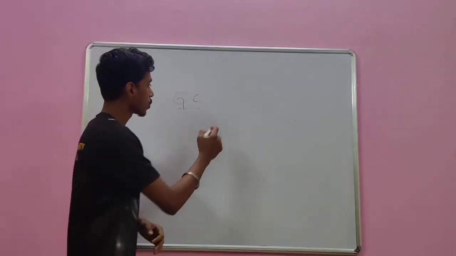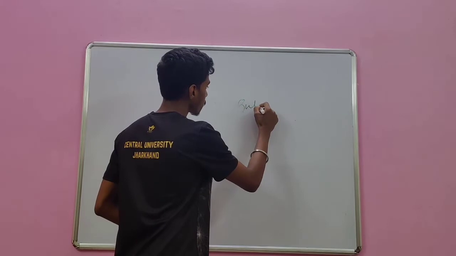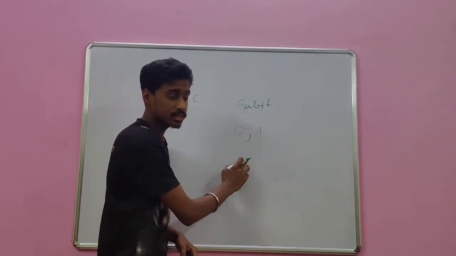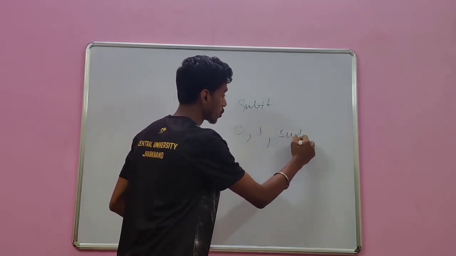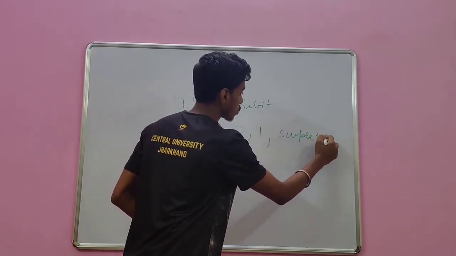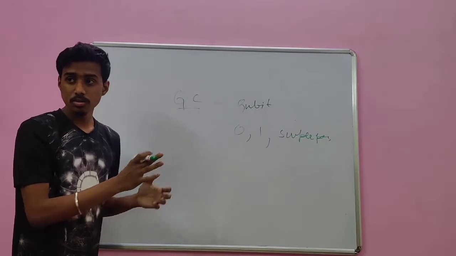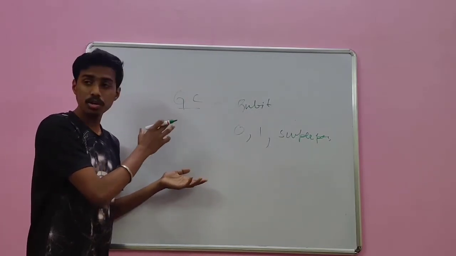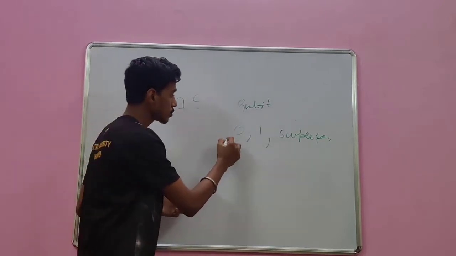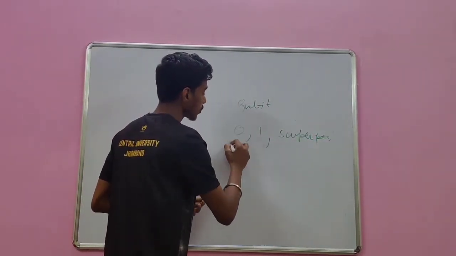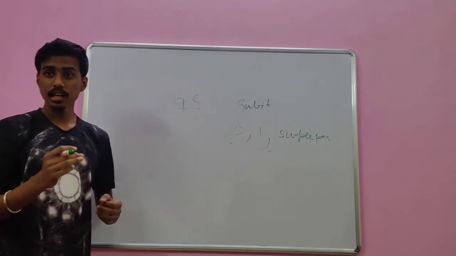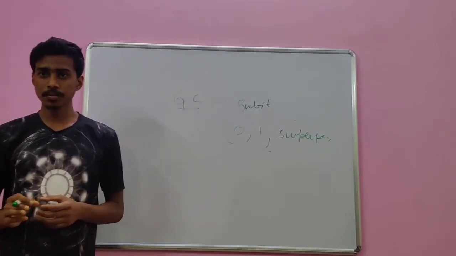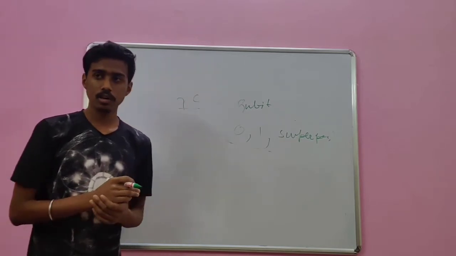We know that quantum computers work on qubits, which are basically not just 0 and 1, they are superpositions too. So for simulation of a quantum system, using quantum computers gives the advantage of getting an efficient result rather than a classical computer. So here we chose the quantum computer.